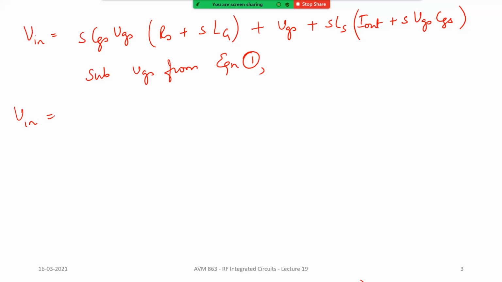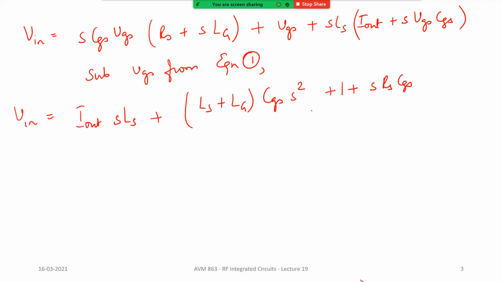Vin is given by this whole thing, right? You have I out times S times Ls plus you have Ls plus Lg into Cgs S squared plus 1 plus S times Rs Cgs divided by Gm into I out minus In1. Okay.